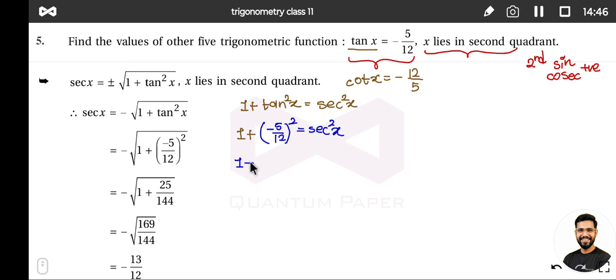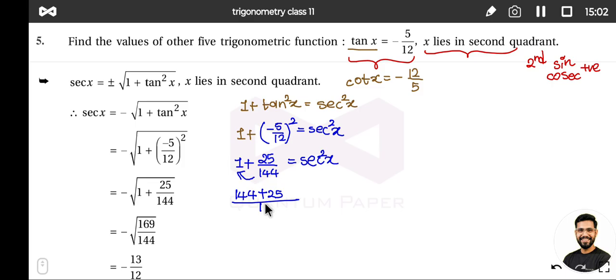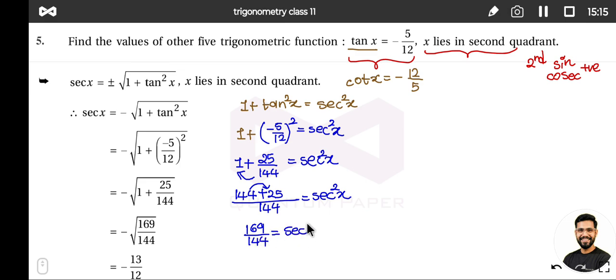So 1 plus the square of negative 5, which is 25, upon the square of 12, which is 144, is equal to sec square x. If we do the cross multiplication, 144 into 1, 144, plus 25 divided by 144 is equal to sec square x. So 144 plus 25, which is 169 upon 144, is equal to sec square x.